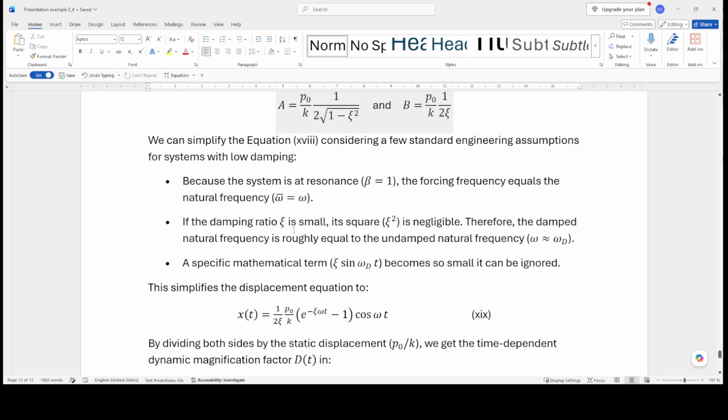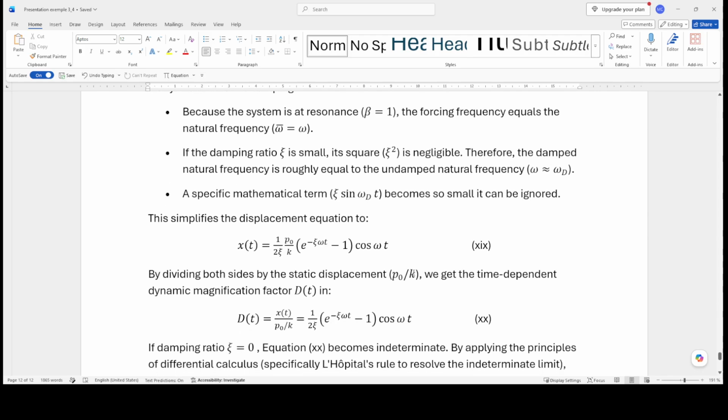If the damping ratio is small, the square root of 1 minus xi squared is negligible, therefore the damped natural frequency is roughly equal to the undamped natural frequency, so omega is approximately equal to omega d, and this term in sin omega t becomes too small and we can ignore it in the formula. So the displacement equation we can simplify in this way.